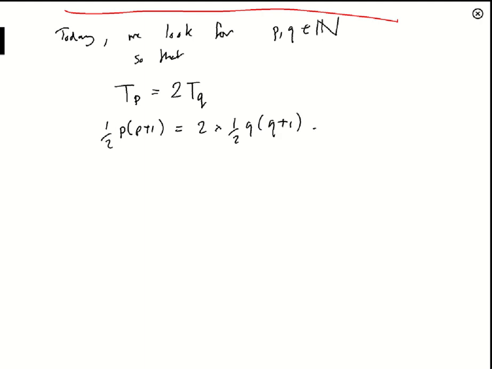Now, based on what we did last time, it makes sense to do the same sort of thing again. So we're going to put P equal to x minus 1 over 2 and Q equal to y minus 1 over 2.